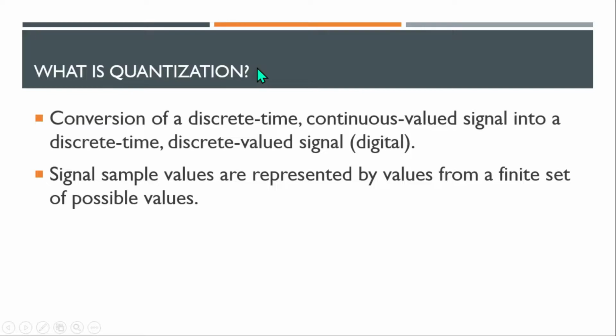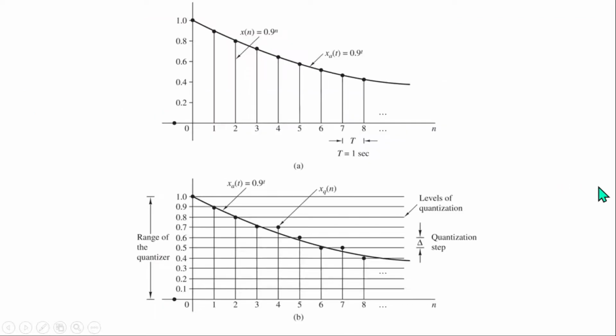After converting the continuous time signal to discrete time signal, the values of x of n are then converted to discrete values. This is called quantization. In quantization, there is a finite set of possible values, which is defined by the quantization step delta.